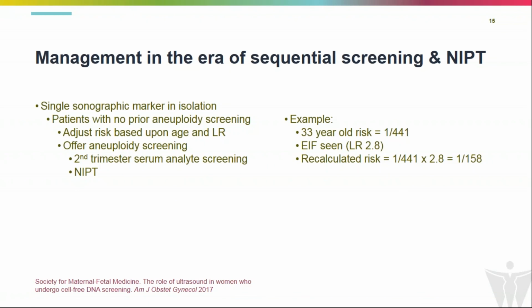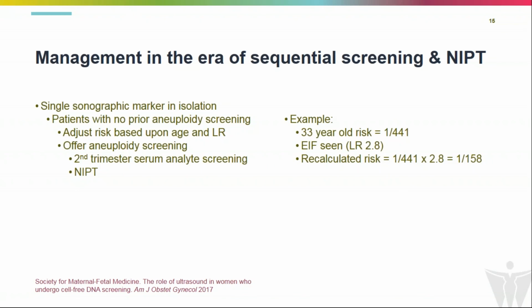Let's say we see an echogenic focus and the likelihood ratio at worst case is 2.8. We can recalculate her new risk estimate for Down syndrome, which would be 1 over 441 times 2.8, or 1 chance in 158. That is the first step, quick and dirty, that you can do.